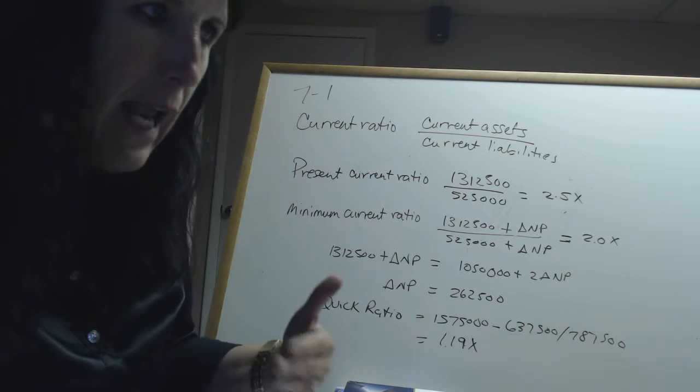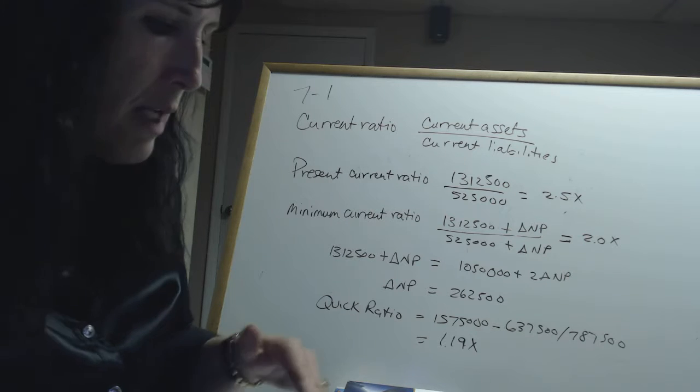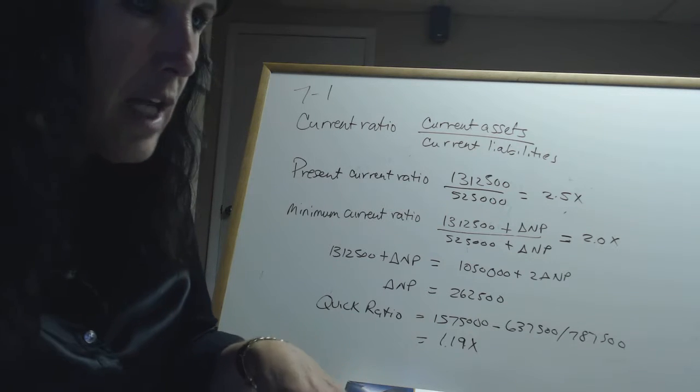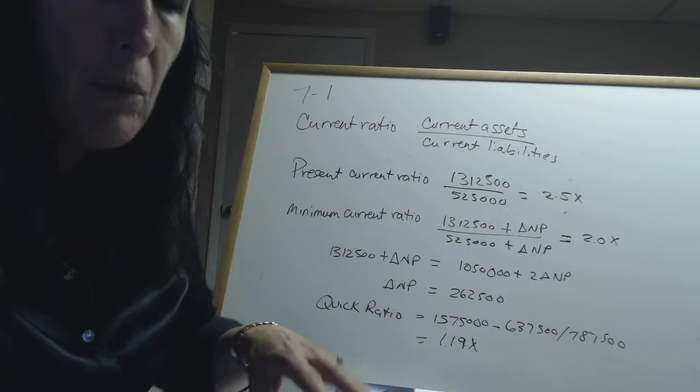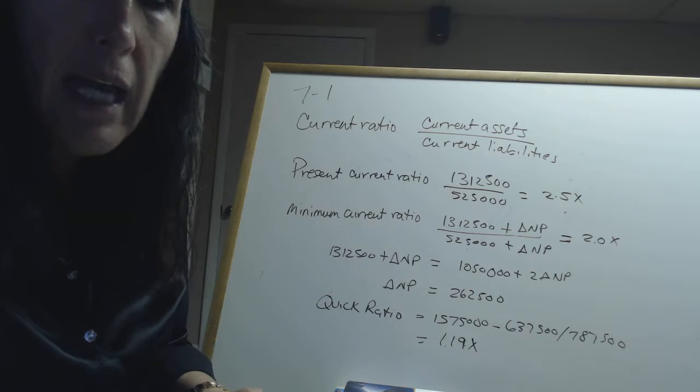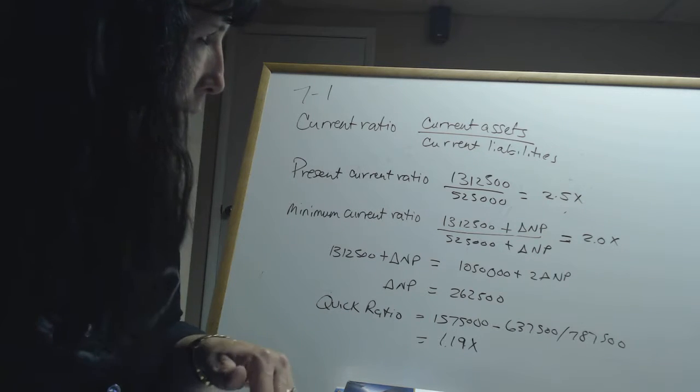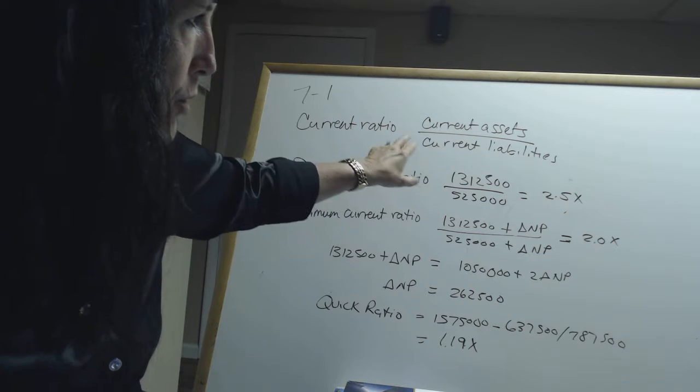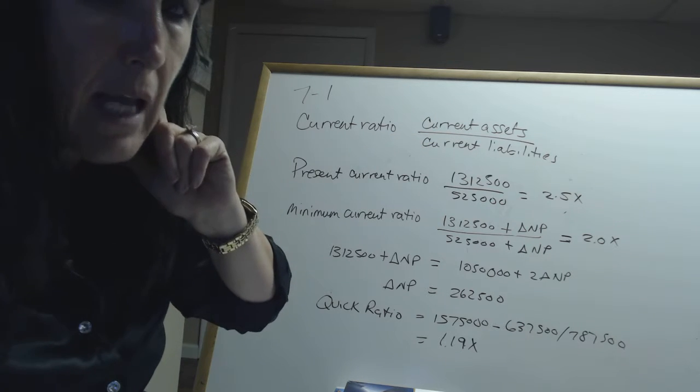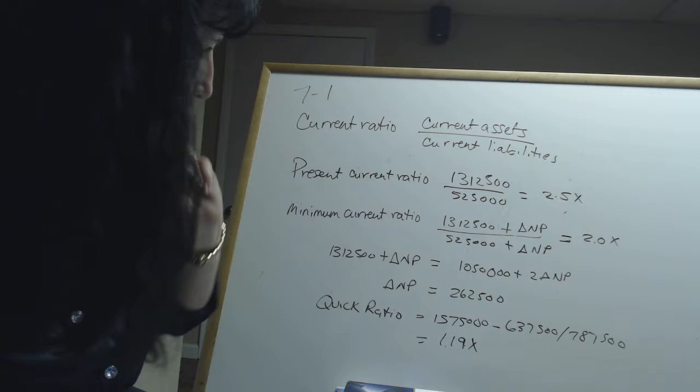So we take that out when we calculate a quick ratio. So therefore, we're just leaving cash equivalents and accounts receivable, which are things that will turn into cash quicker. So we're taking the inventory out. So current assets minus inventory divided by current liabilities is how we calculate a quick ratio.